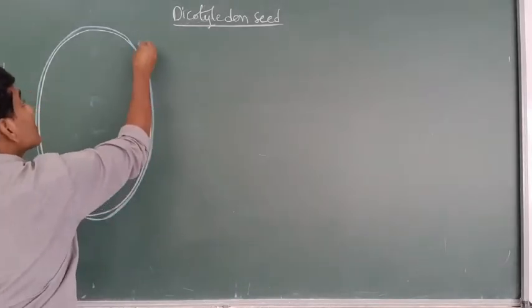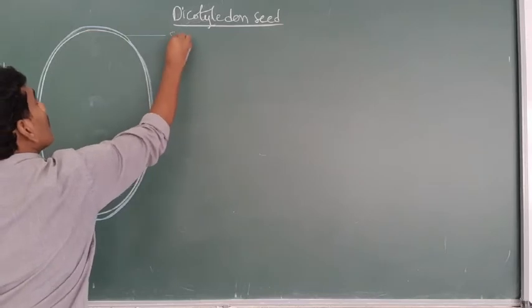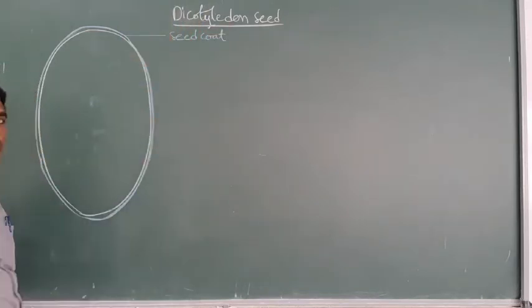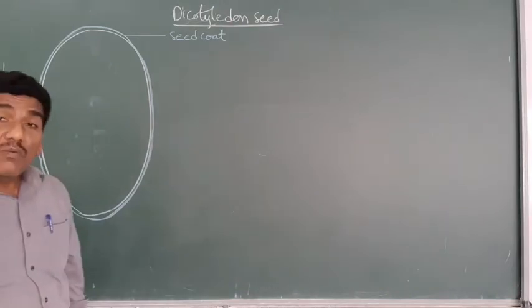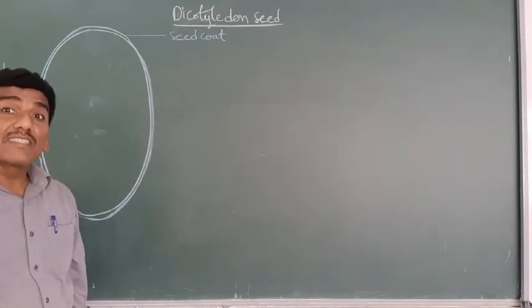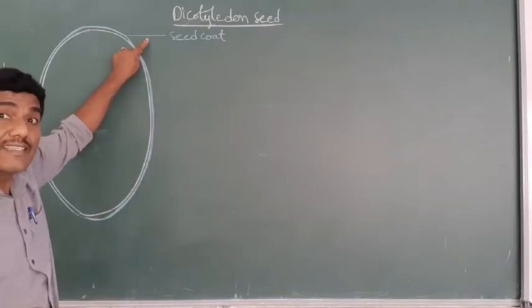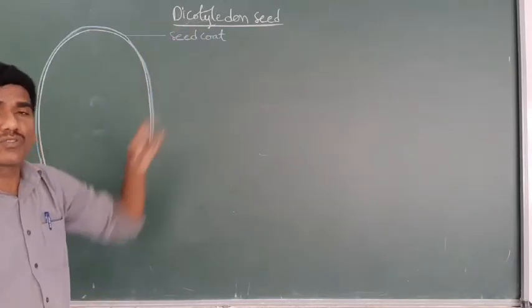The outermost layer of the seed is called the seed coat.